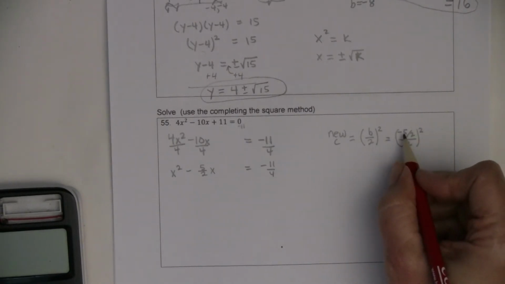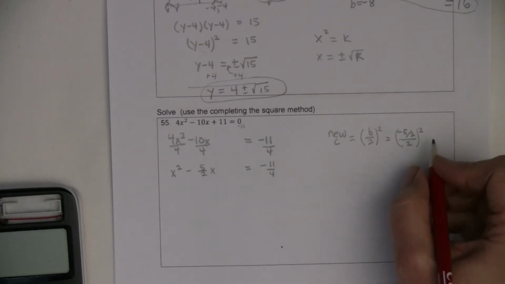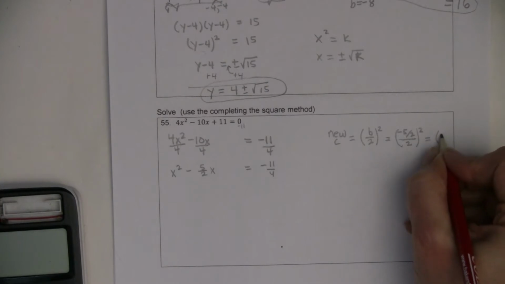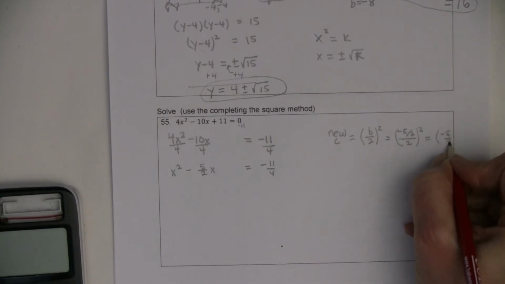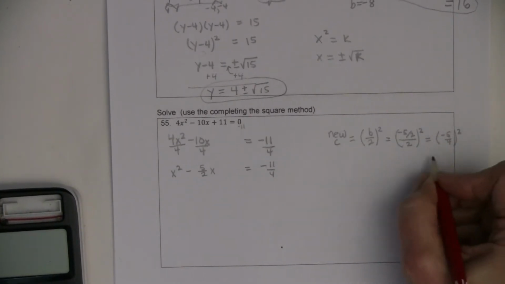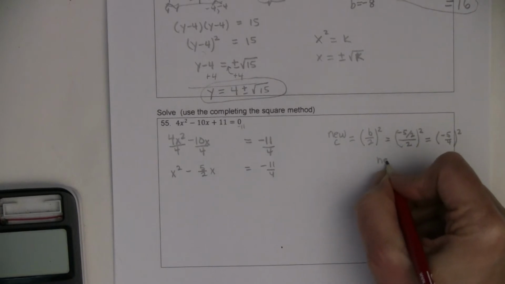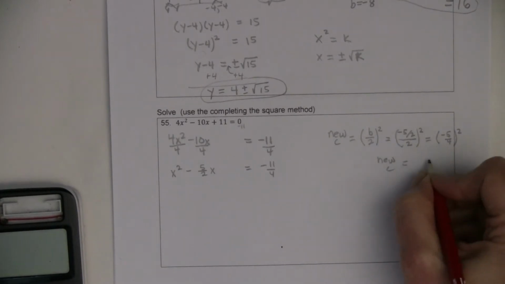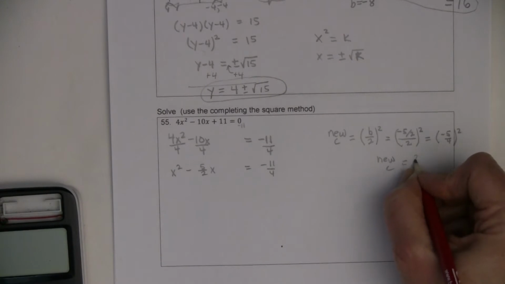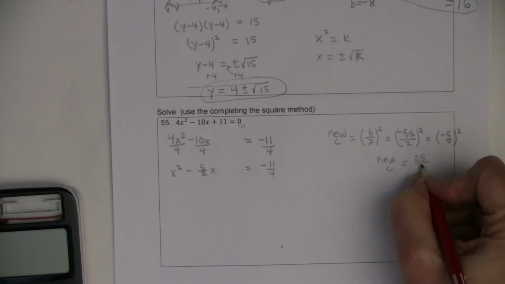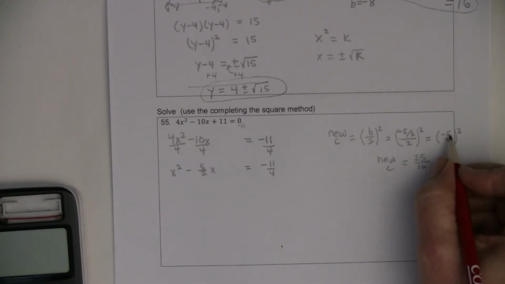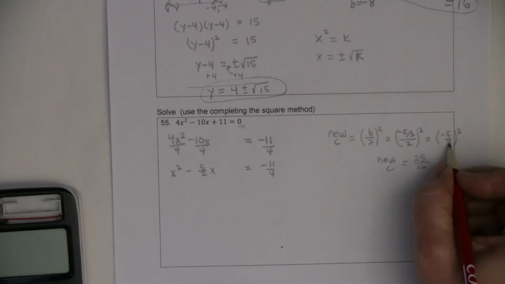Now if you do negative 5 halves divided by 2, that's negative 5 over 4, and you can use your calculator to verify that if you needed to. So our new c is equal to 25 over 16, because 5 squared is 25, 4 squared is 16, and a negative squared is a positive.